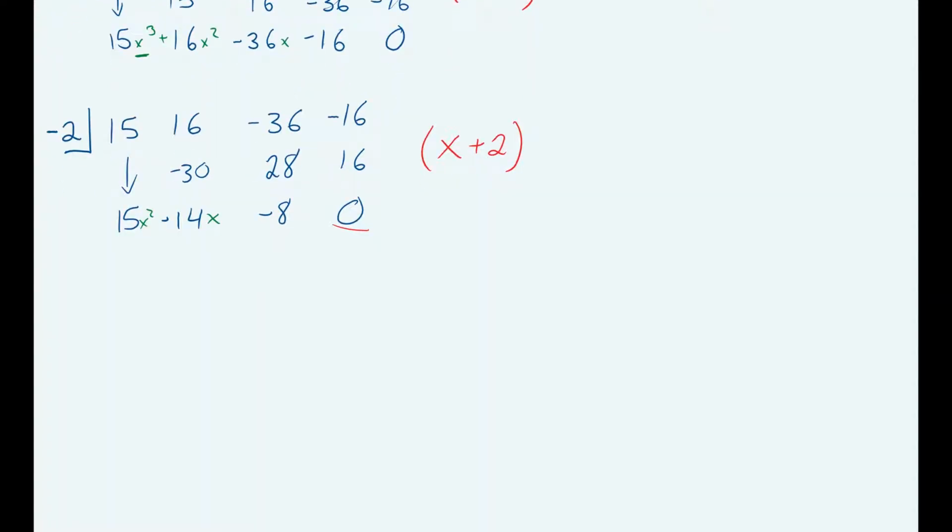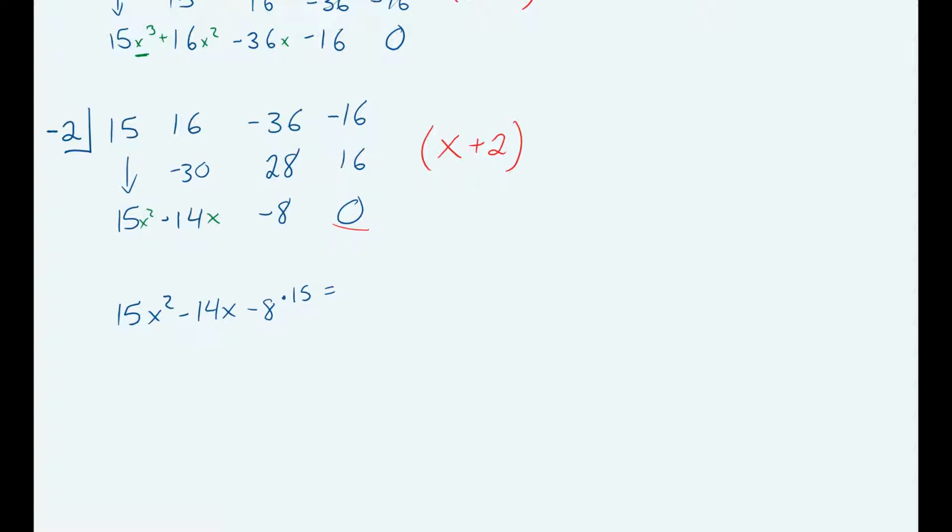Okay, so currently I'm left with this polynomial 15x squared minus 14x minus 8. This is a trinomial, so if this factors, we know how to deal with that because we know how to factor trinomials. The lead coefficient is not 1, so we'll multiply that back by 15.